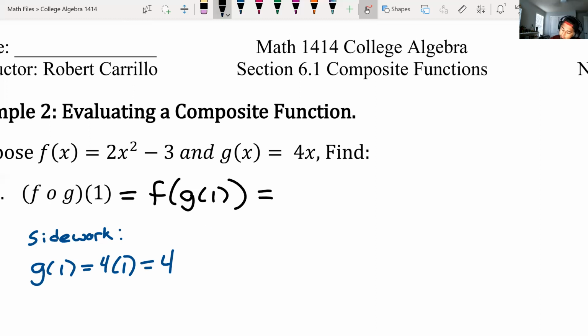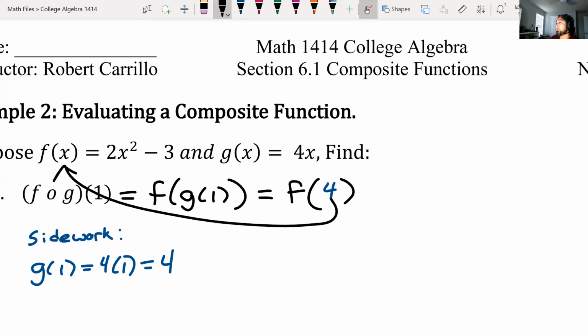So this now becomes f of 4, which means now we take 4 and plug it into function f for every x.